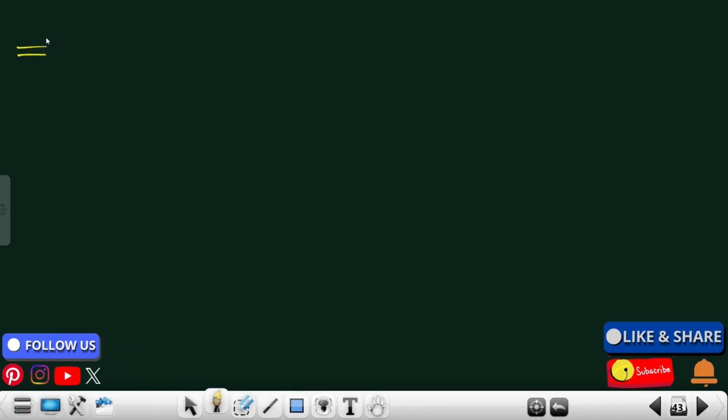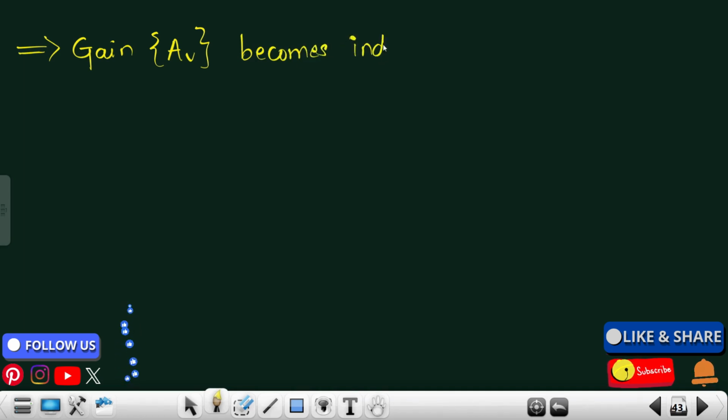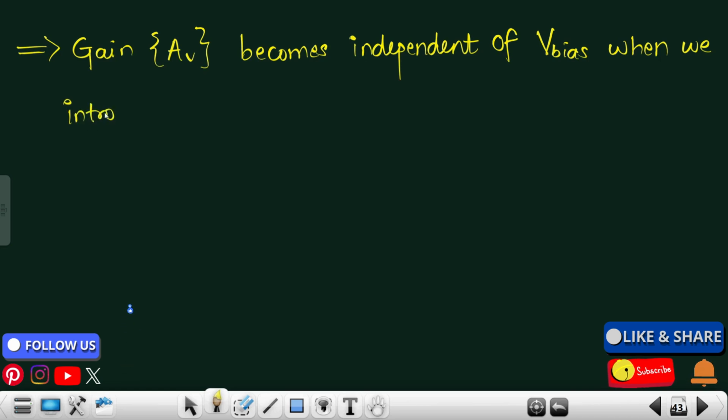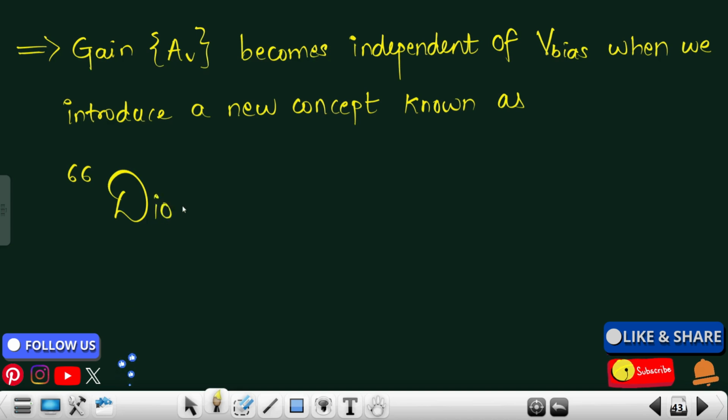The gain AV becomes independent of Vbias when we introduce a new concept known as diode connected MOS, or MOSFET, whatever you want to say.